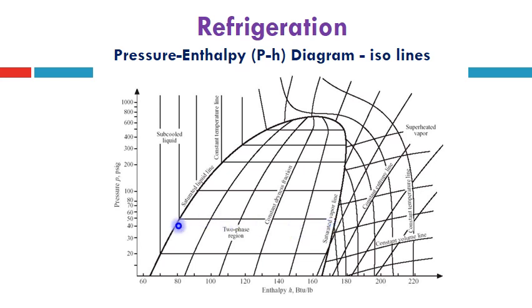The evaporating pressure corresponds to the evaporating temperature, which must be lower than the refrigerated space temperature to evaporate and cool down the air, as stated before.